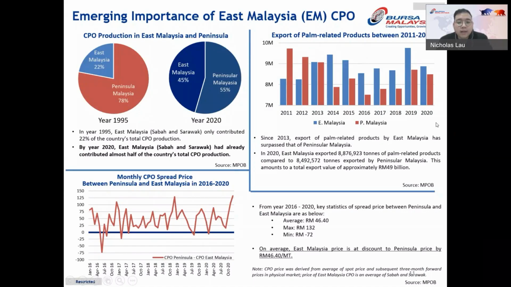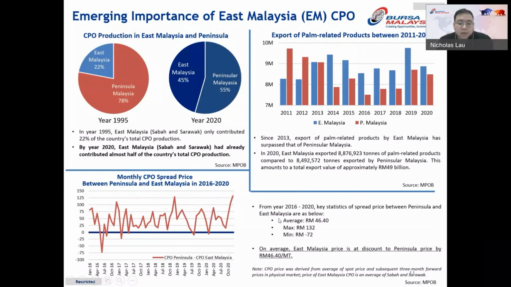And of course, finally, one other important piece of background information would be the monthly crude palm oil spread price, i.e. the price differential between Peninsular Malaysia and East Malaysia's crude palm oil between years 2016 and 2020.